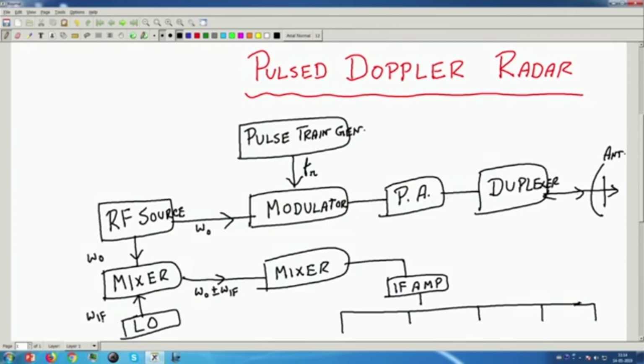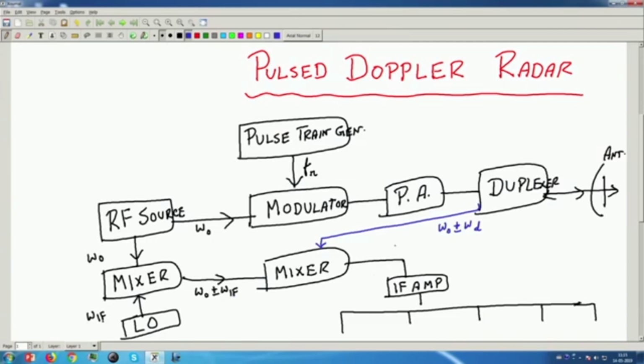Now, on the return path this antenna is taking the return signal from the duplexer. I will use a different signal that is taking this to here. We can say that the transmitted signal was omega naught. This will be having a Doppler, so omega naught plus minus omega d, that is put to a mixer, and this RF is already mixed with omega naught plus omega IF.